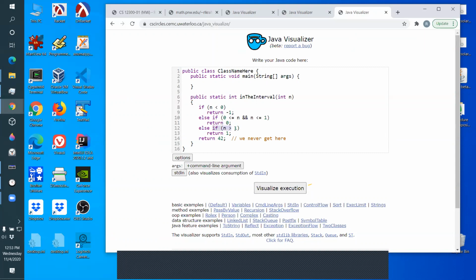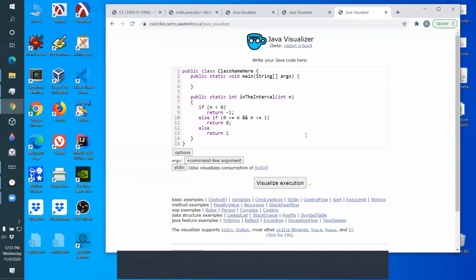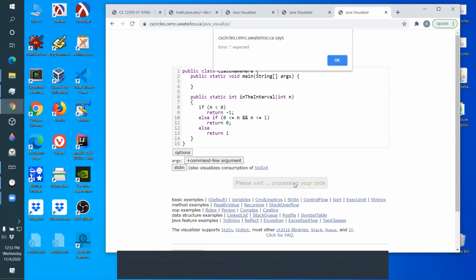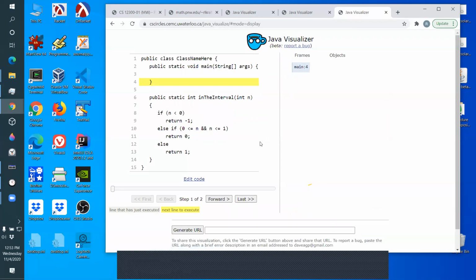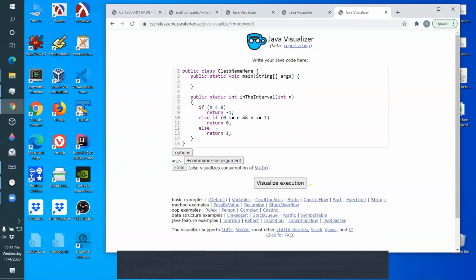So if we remove it, the compiler is okay with us getting rid of that one. Oh, I forgot a semicolon. I always forget the semicolons. Now the compiler's reasoning is, if this one's true, you return that. If this one's true, you return that. What if both of those are false?